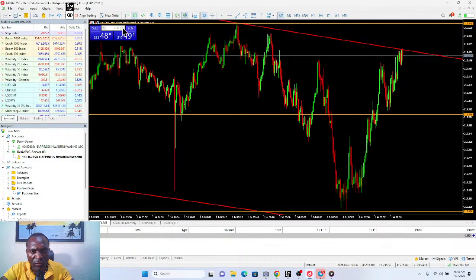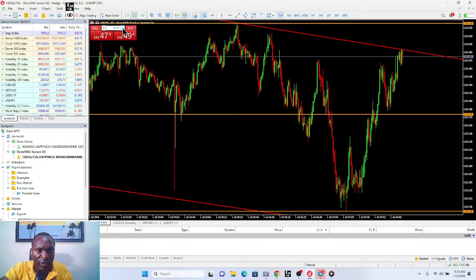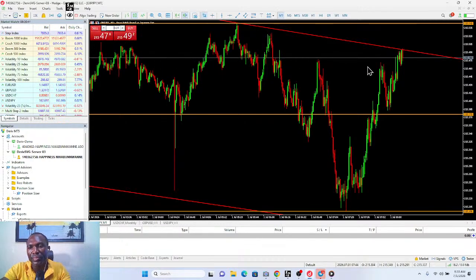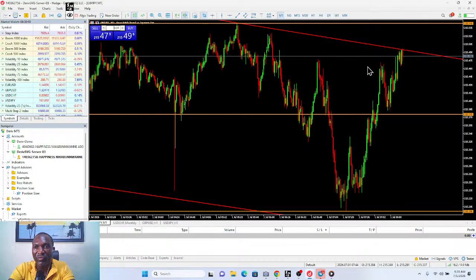I'm going to reduce the lot size. Sorry, it will be 0.01 because we have only $1.25 to trade today. Since we have $1.25 to trade, we have to be careful with our trade.